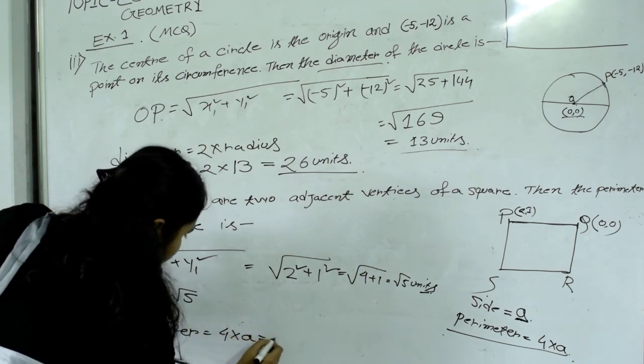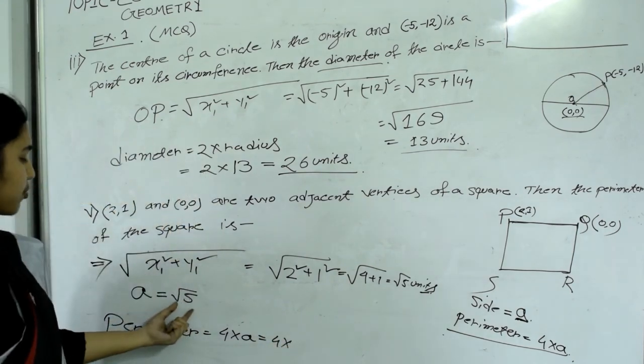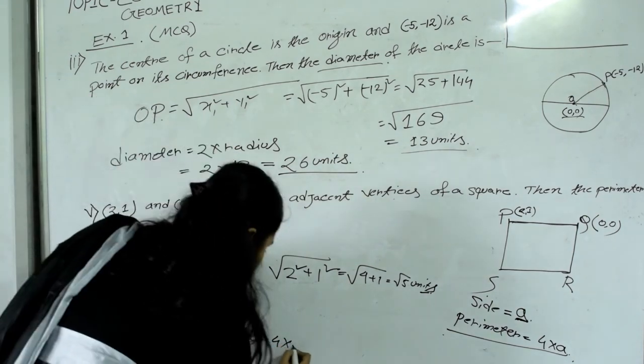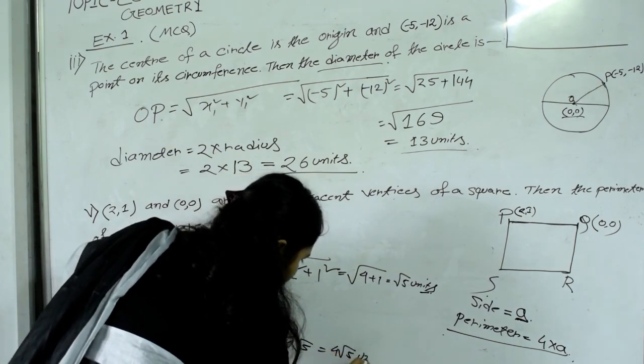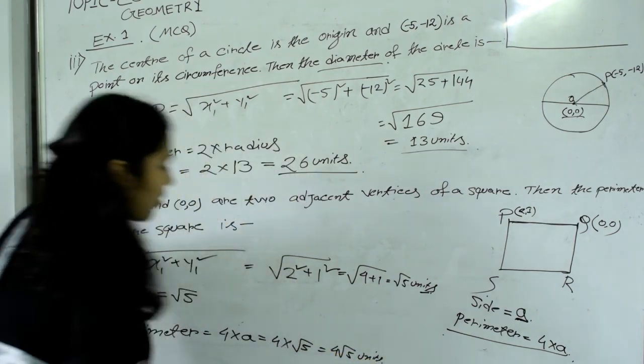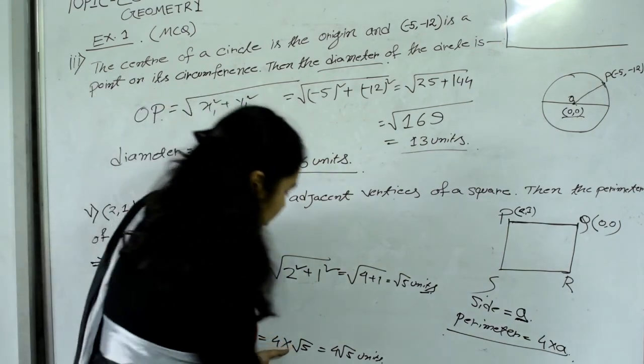So 4 into a is equal to 4 into, just put the value of a, which is root over 5. This is equal to 4 root over 5 units. So this is our answer.